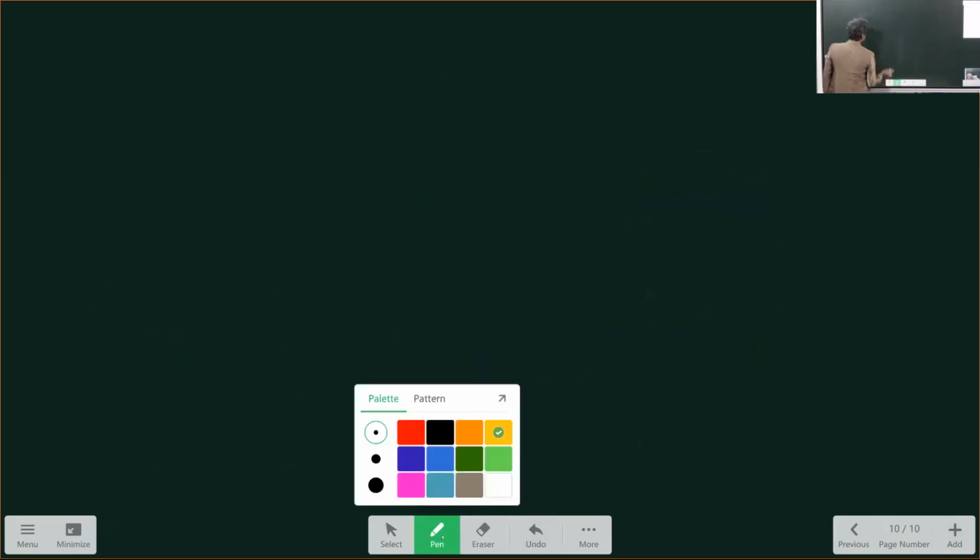Now, a beautiful concept we are defining is the rank. So what is the rank? Rank of A. If A is a given M cross N matrix, it can be of any order.